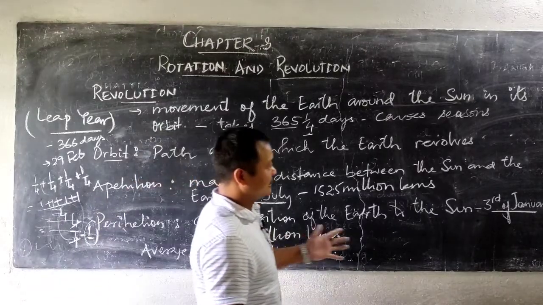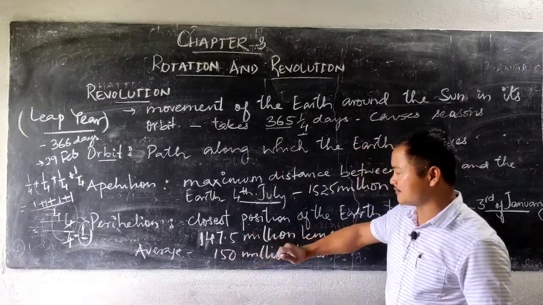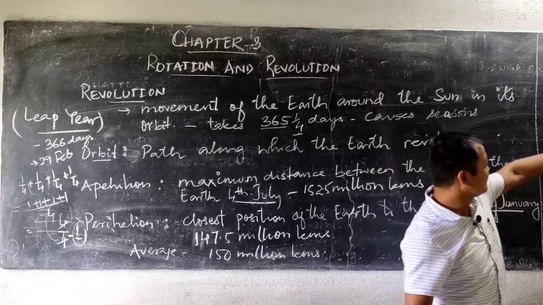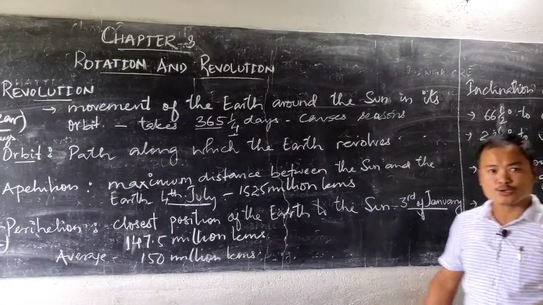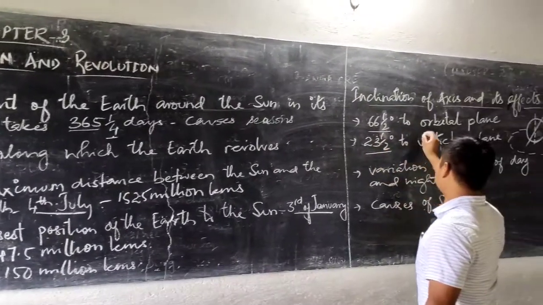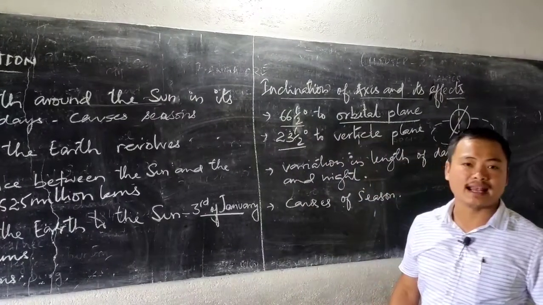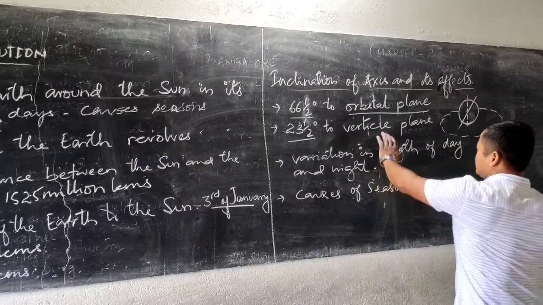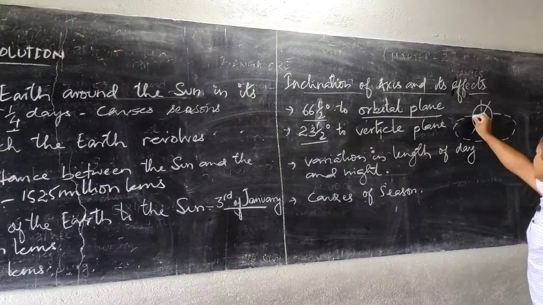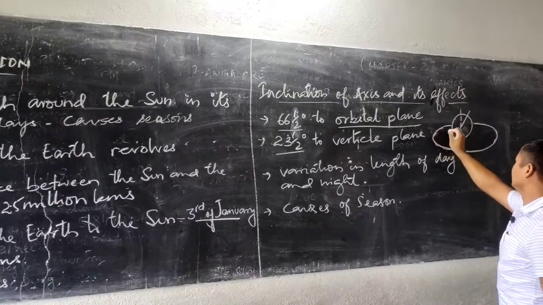Now let us talk about the inclination of the axis and its effect. Like I already discussed July and January with aphelion and perihelion, let's see the inclination of the axis and its effect. Like I said, the Earth's axis is inclined to its orbital plane at 66.5 degrees, while to its vertical plane it is inclined away at 23.5 degrees. The orbital plane means the orbit and its plane, the plane in the middle.